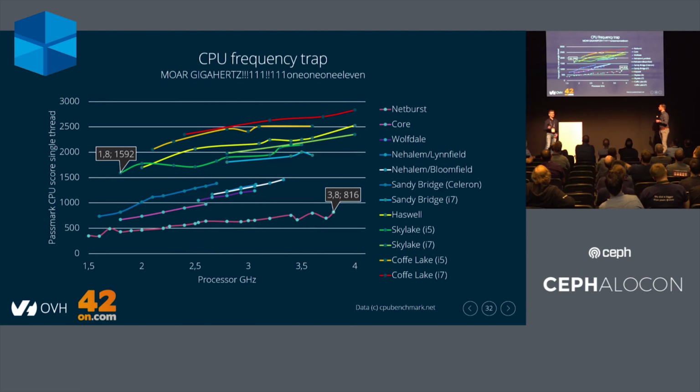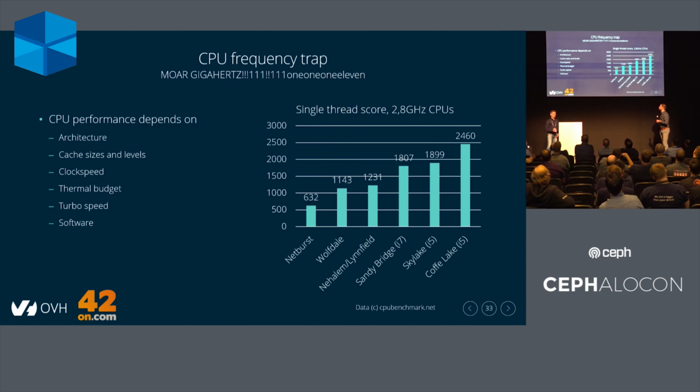We are not speeding up, but we are going up. To make this even more striking, here on the right you can see a graph of some CPUs. All of them are at 2.8 gigahertz, and they have totally different benchmark scores.